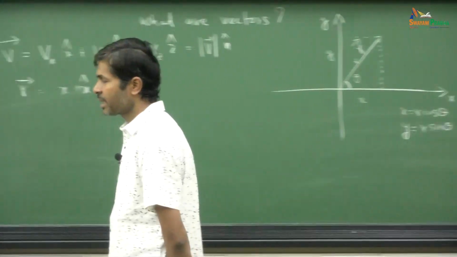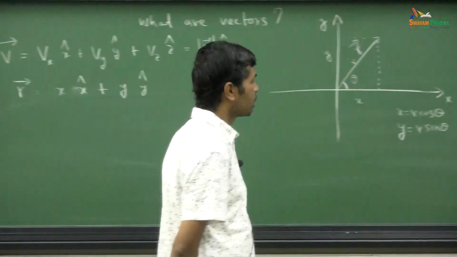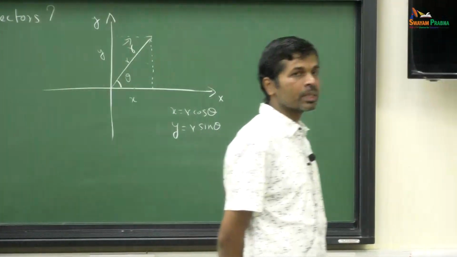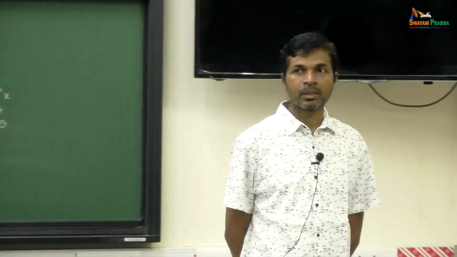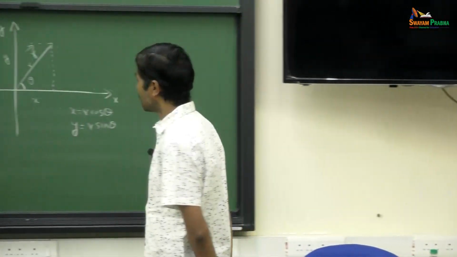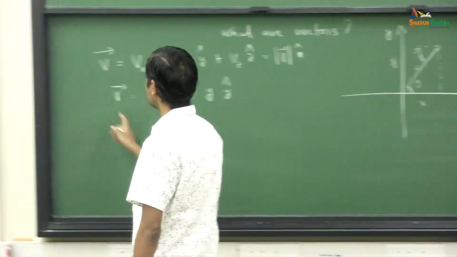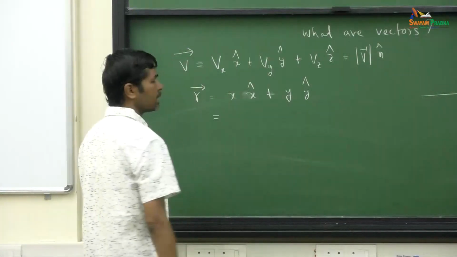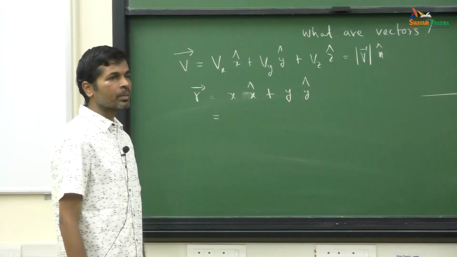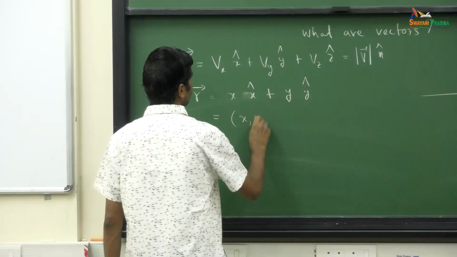Now I will take this vector and then I will ask, suppose I make a rotation of these coordinate axes. Okay, then what happens to this vector? So first of all, you can define a vector like this, and also you can define it in terms of its components, right? Some people write it like this, x, y.